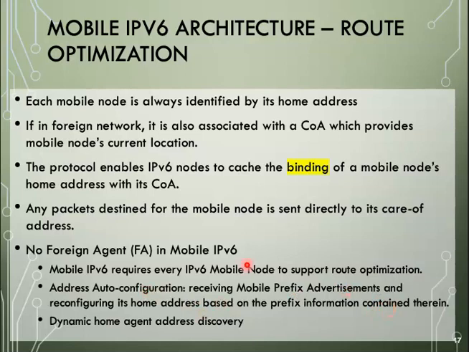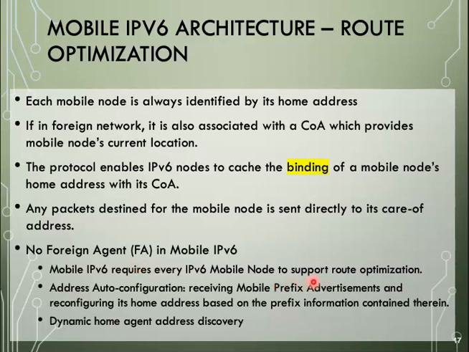Mobile IPv6 also uses dynamic home agent address discovery. There is no foreign agent in mobile IPv6, because in mobile IPv4 we have special routers that act as foreign agents. But mobile IPv6 operates in any location without any special support required from the local router.